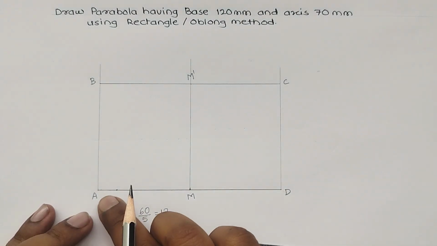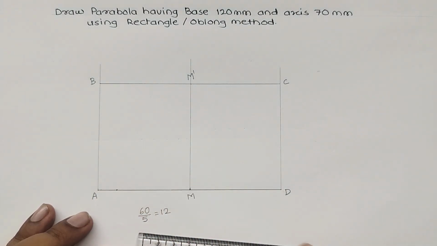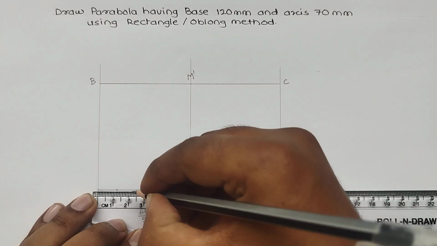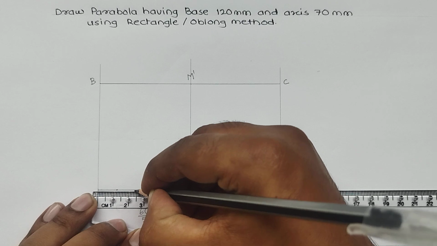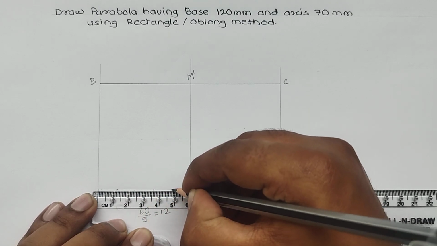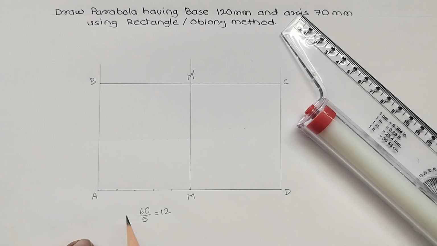In this way I have to make the remaining parts. So I divide this AM, half of the base, into 1, 2, 3, 4, 5.